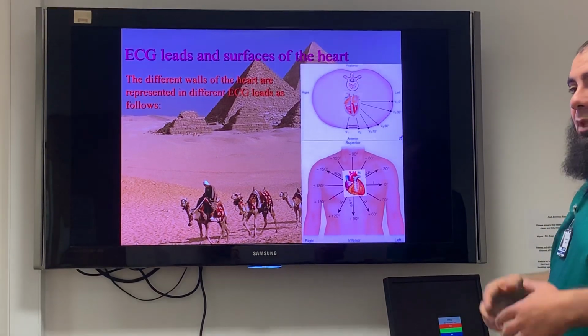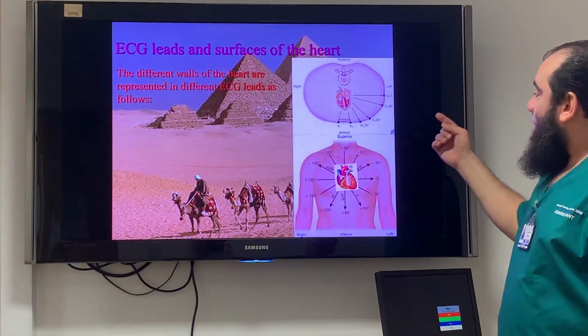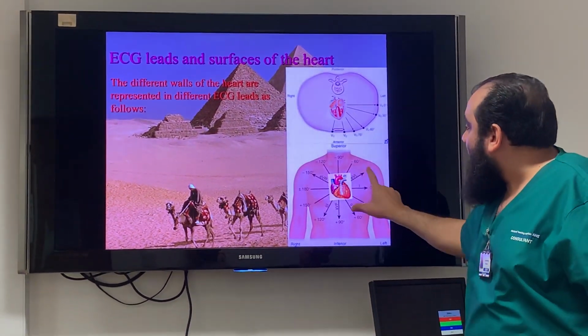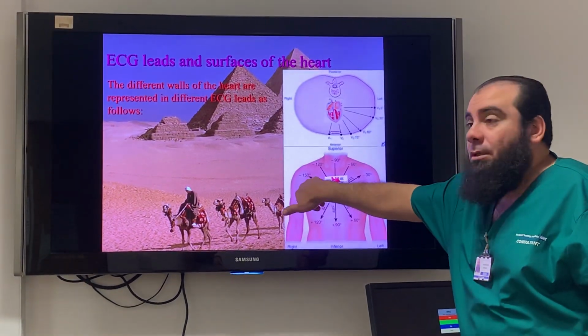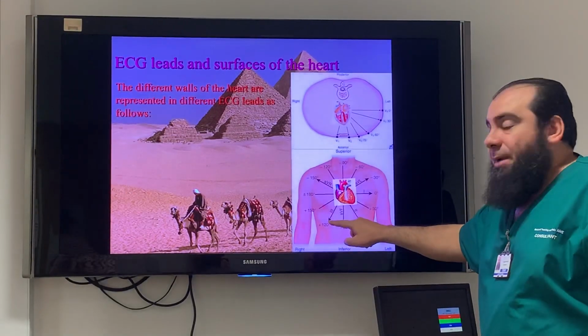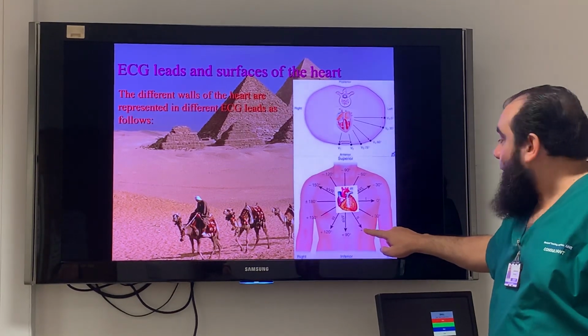Come to that view. The heart in between, all the leads are around. So here is aVR. Do you remember when I told you aVR is checking this way against the points here? So aVR looks from that aspect. Lead 3 looks from that aspect. aVF looks from here. Lead 2 from there.